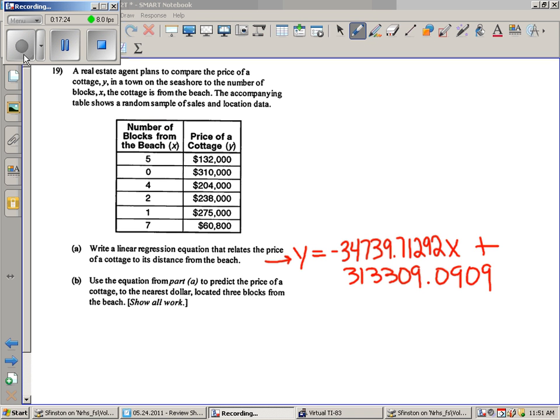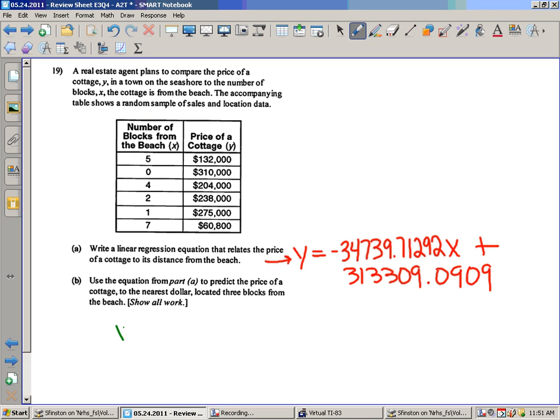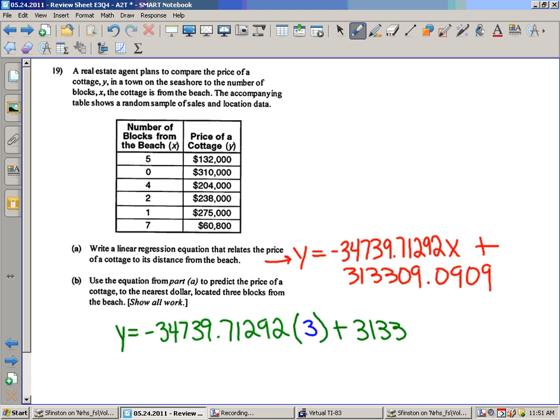And then use the equation from part A to predict the price of a cottage to the nearest dollar located 3 blocks from the beach. All we're going to do is plug 3 in for x. Y equals negative 34,739.71292 times 3 plus 313,309.0909.